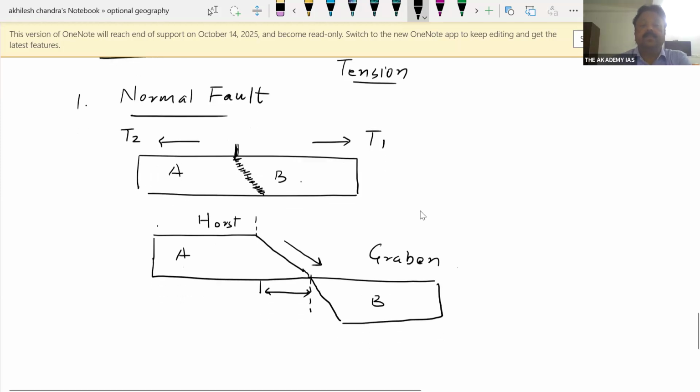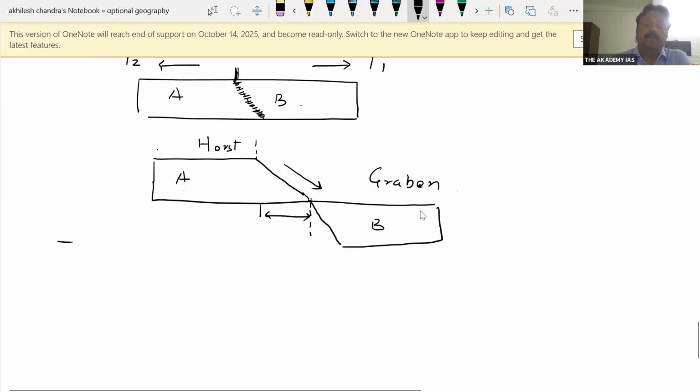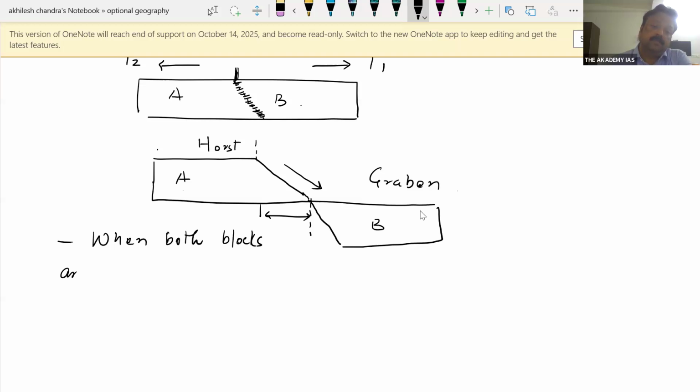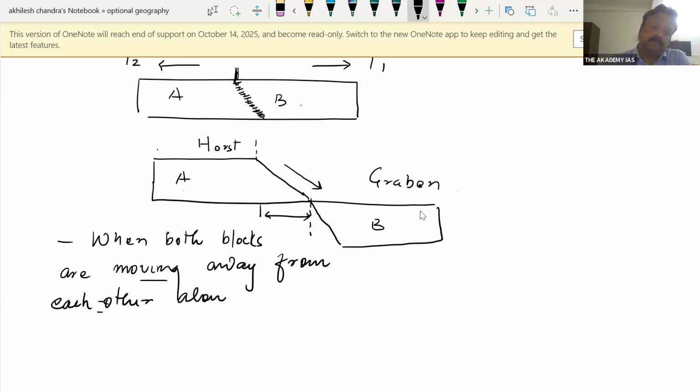Fine. And such faults are called normal fault. So normal fault is of the type when both the blocks are moving away from each other along the fault line.